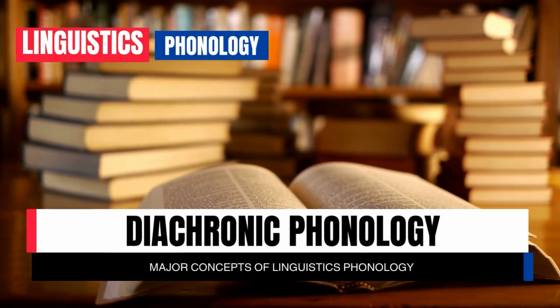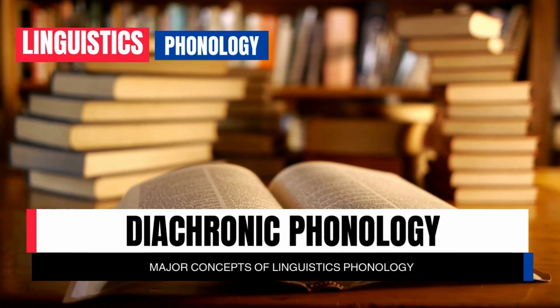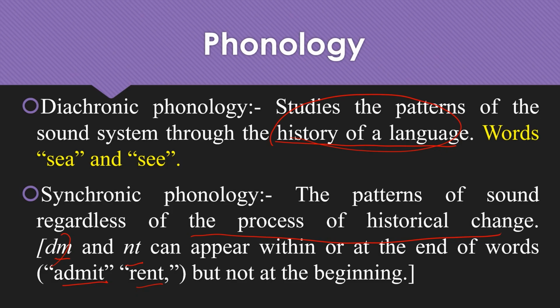Diachronic phonology studies the patterns of the sound system through the history of a language. It is concerned with the process by which words like seac and seec, once pronounced with two different vowel sounds, have come to be pronounced in a similar fashion.